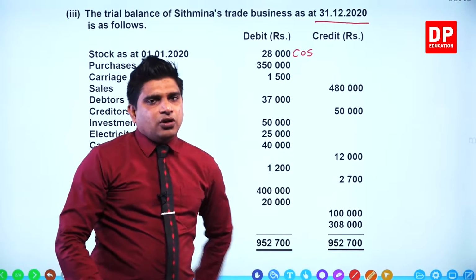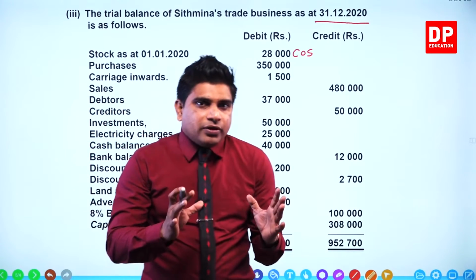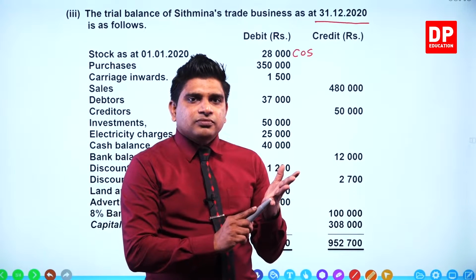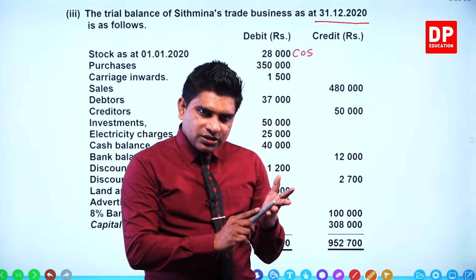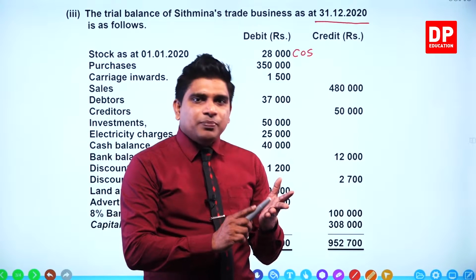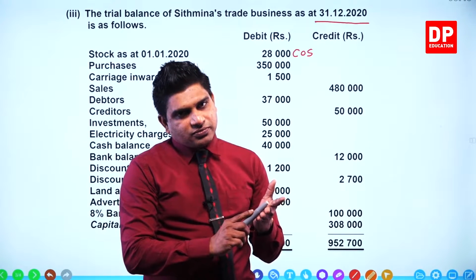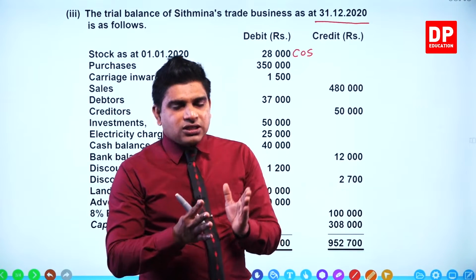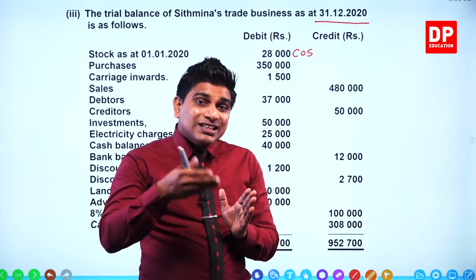Purchases, do you remember? Try to remember whether you remember or not. Opening stock, purchase, you add these two, and purchase related expenses. From this total, you subtract closing stock. There you can see the cost of sales.